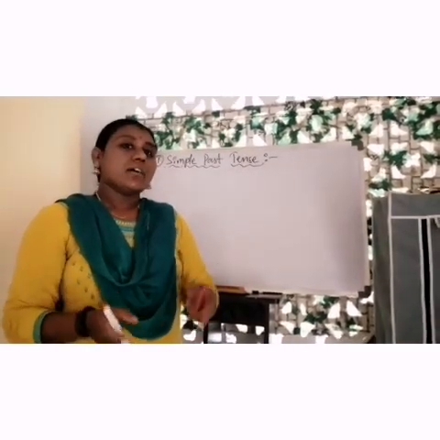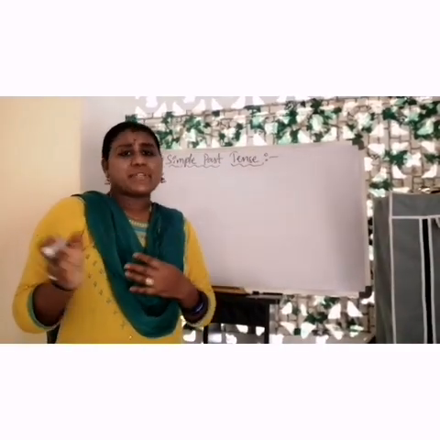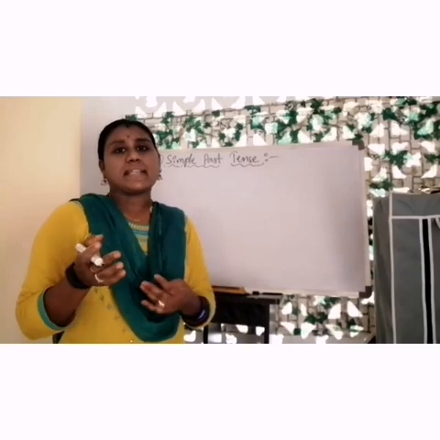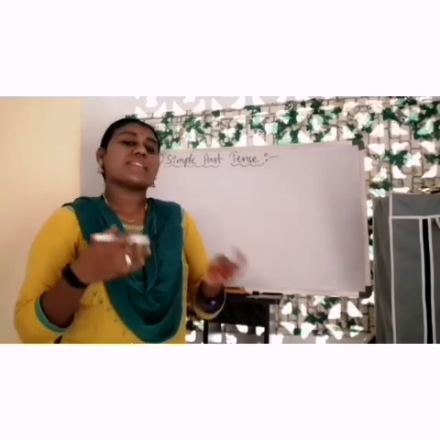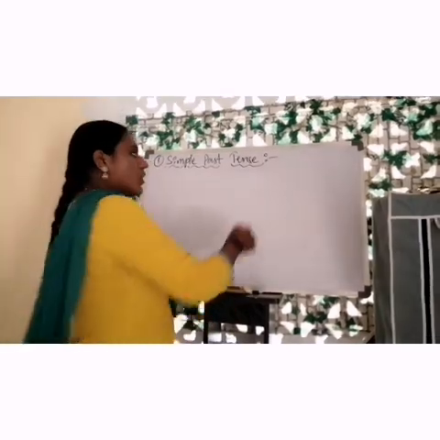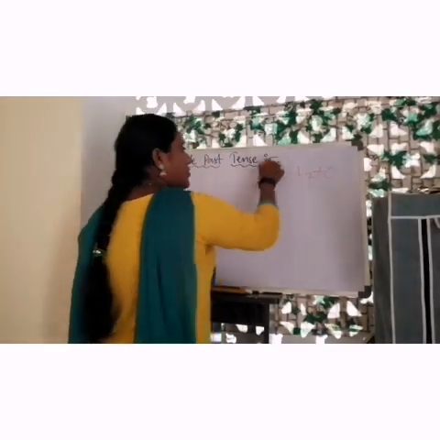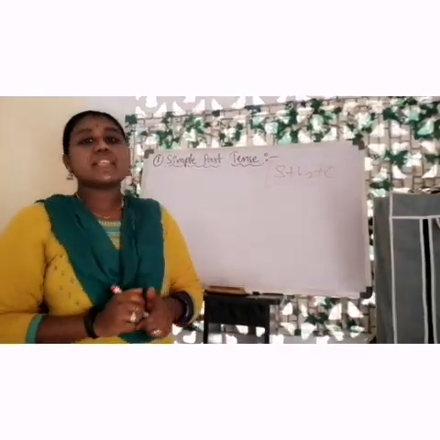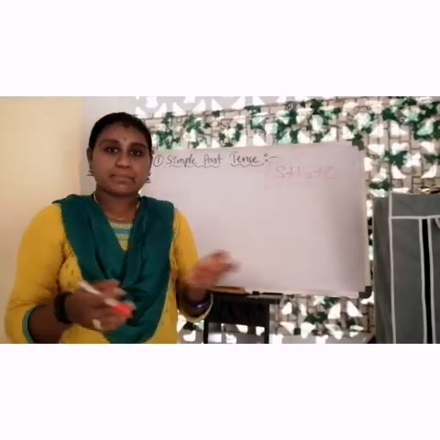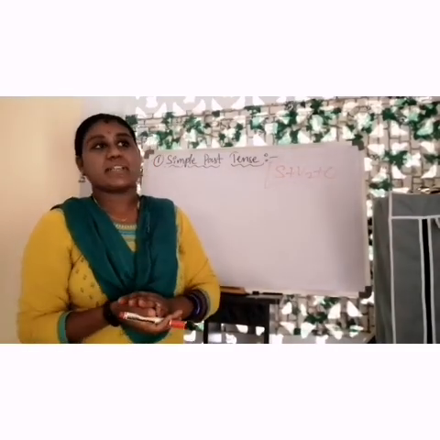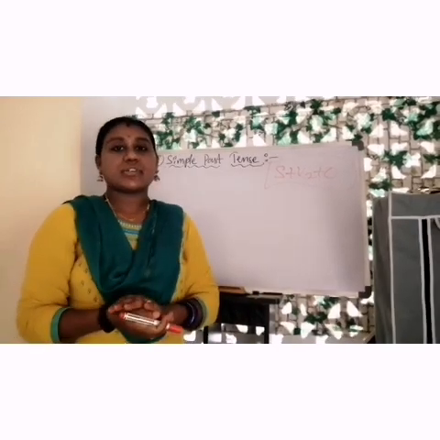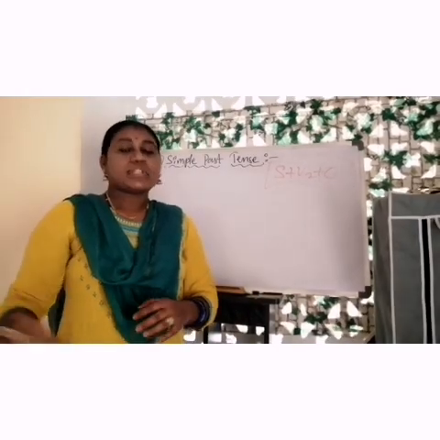And in affirmative sentences, that means in assertive sentences, we can mention it without a helping verb also. Subject plus V2 plus object, this is the structure, and we are using it here without a helping verb. Okay, she worked in a company, worked as a teacher, and she went to a temple.